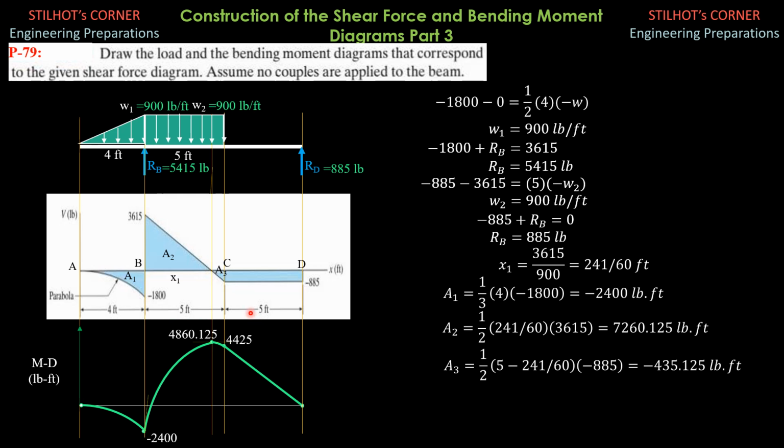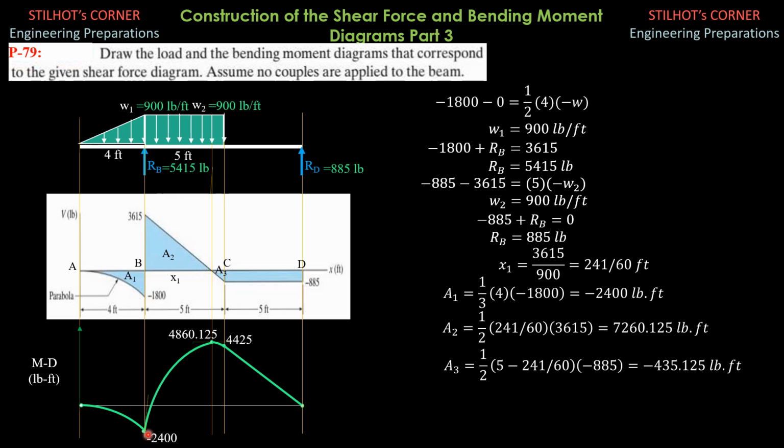Then we proceed to the construction of the moment diagram. Beginning with 0, because the moment here is 0, it's free. Then area 1 is the area of a parabolic spandrel, 1/3 of 4 times negative 1,800, and it is negative 2,400 pound-foot.